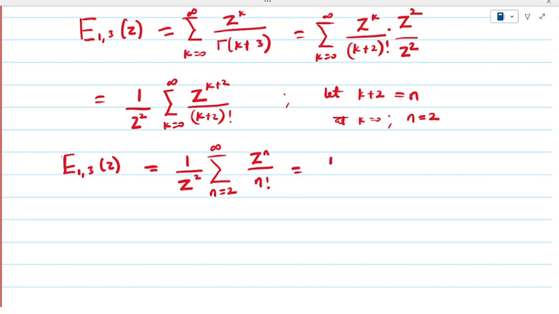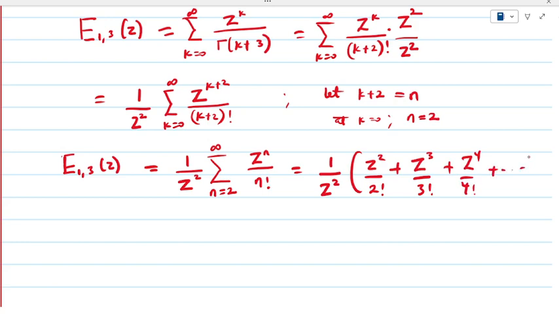So we also find the series of this. We have 1 over z squared in the bracket: when n equals 2, we have z squared over 2 factorial. When n equals 3, we have z to the power 3 over 3 factorial, z to the power 4 over 4 factorial plus dot dot dot.